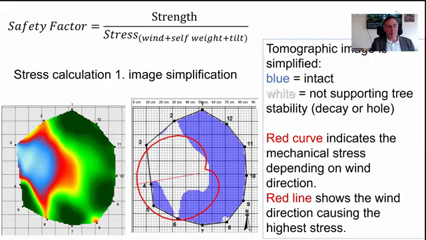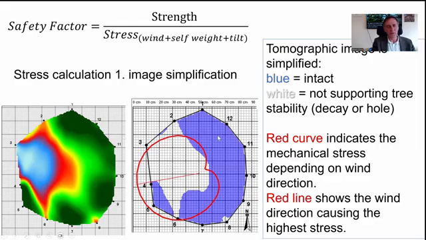The first step of the evaluation is the simplification of the color image, because the color image is too complex. The simplification is done at the yellow border. Where you see the yellow colors, we cut the image.